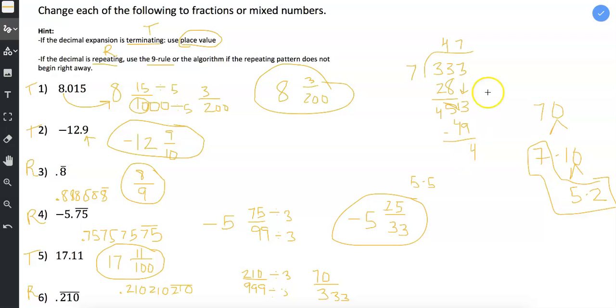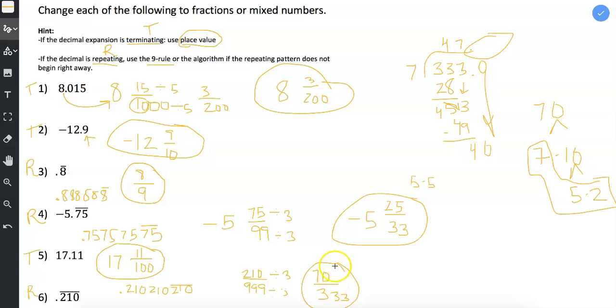Then bring down the 3, 43 minus 42 would be 1. I'd have to add a decimal and a 0, which means 333 is not evenly divisible by 7 without a remainder. So I know that this is as reduced as possible. So this is 70 over 333.